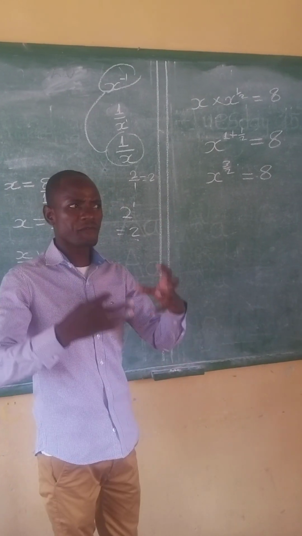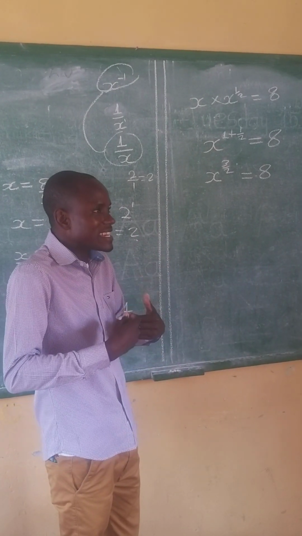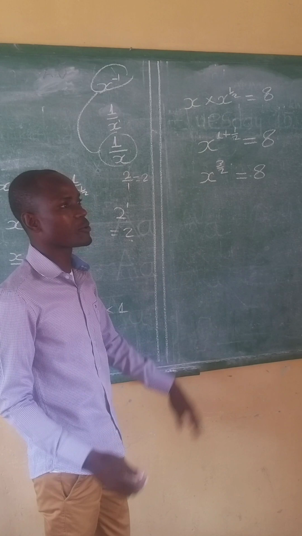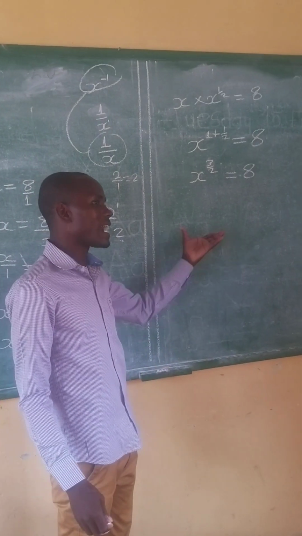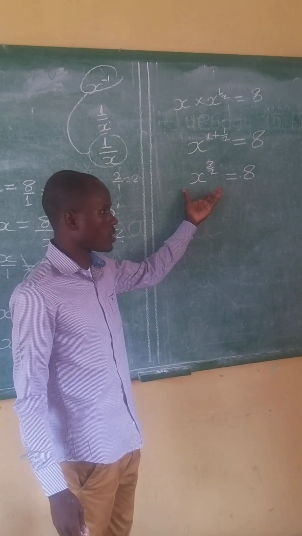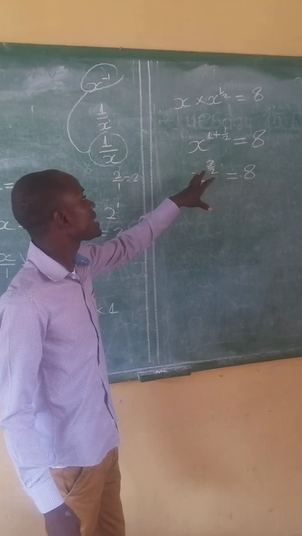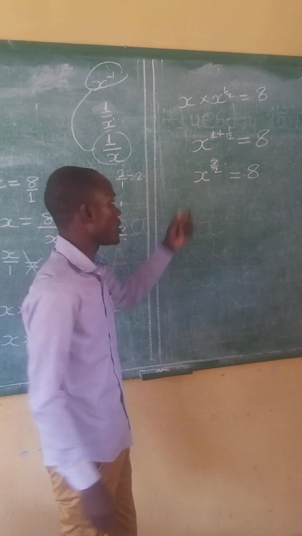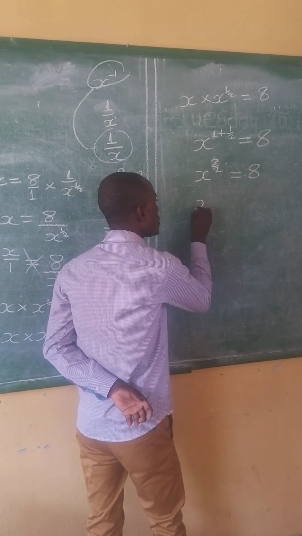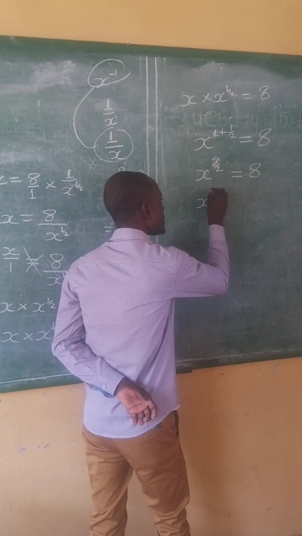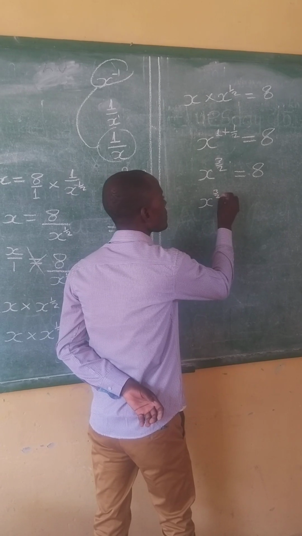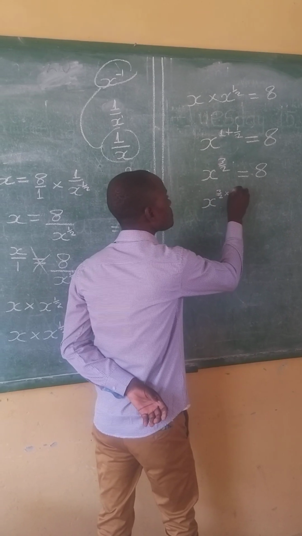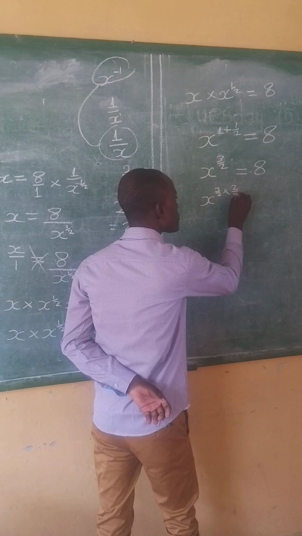Now, remember we are finding x. Our interest is to find x. So what are we going to do? We bring in the aspect of finding the reciprocal of this number. So when you reciprocate the power that you have, you are going to have x to the 3 over 2 multiplied by 2 over 3.